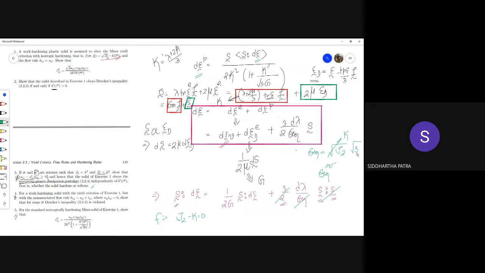And then this gives us that d lambda equals S inner product ds by 2 k prime, right?